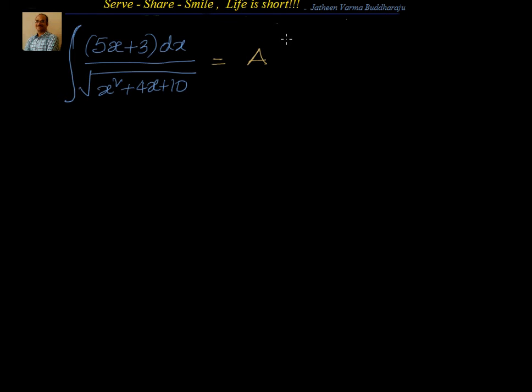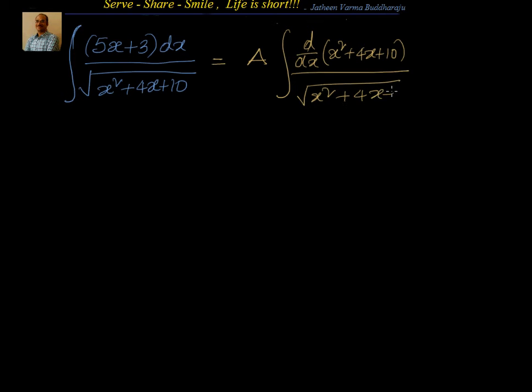We want to divide this into two parts: a times integral of d by dx of x square plus 4x plus 10, then in the denominator square root of x square plus 4x plus 10, then plus b times integral of dx by square root of x square plus 4x plus 10.